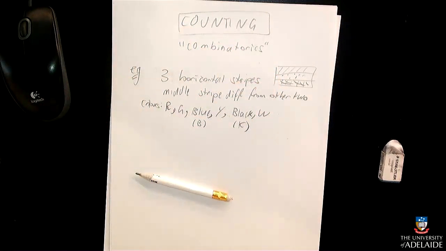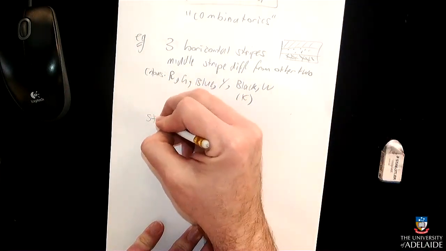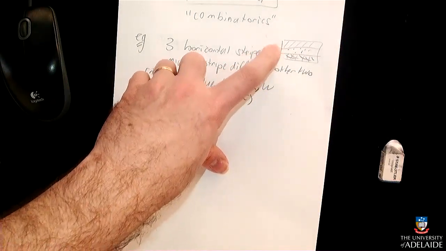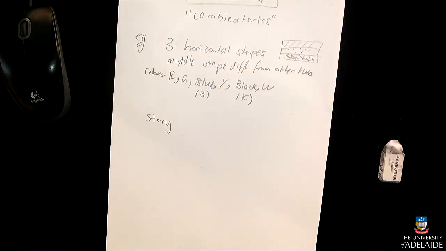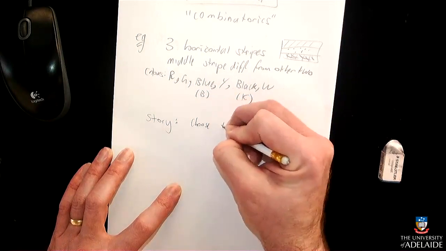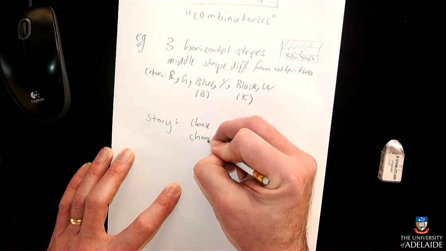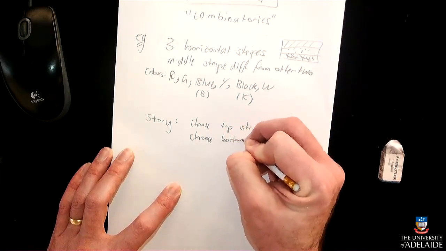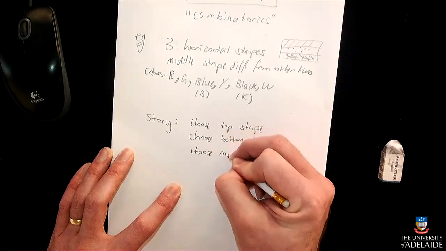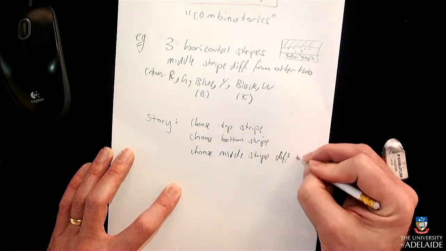Okay, so I've talked through how I'm going to do this, and so this is my story. It looks like my story is going to be different depending on whether these are the same or different, so I'm going to take that back to an earlier part of my story. So this was my original story. Choose the top stripe. Choose the bottom stripe. Choose the middle stripe different to the top and bottom.